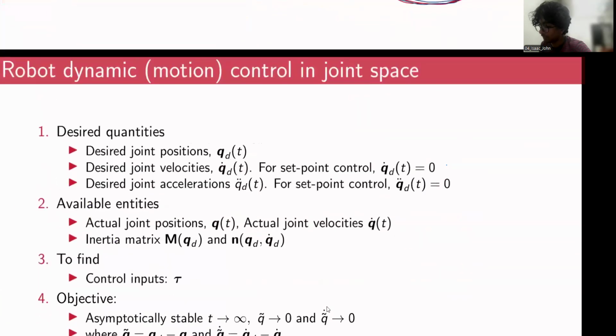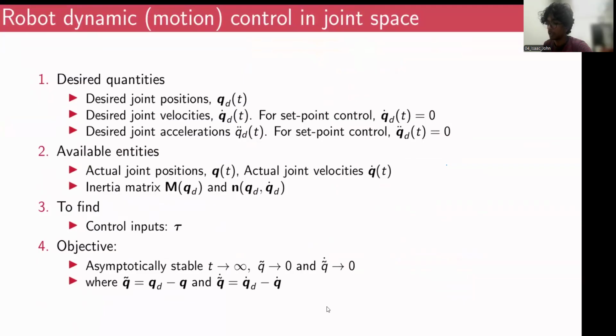All right, now we move on to the closed loop control scheme for the inverse dynamics. As before, we have the desired trajectory specified by the desired joint positions, desired joint velocities, and desired joint accelerations.